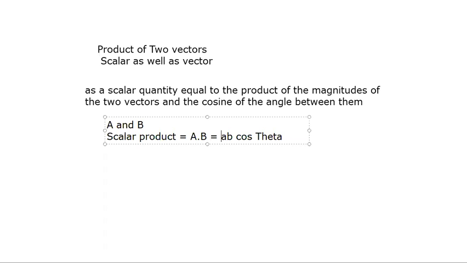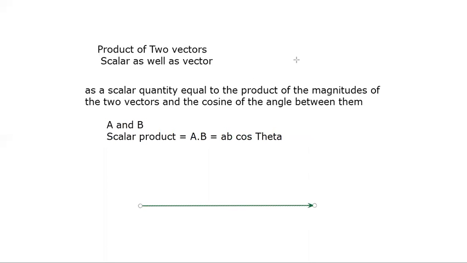What is actually the meaning of this? What is the physical significance of this scalar product? See, A dot B is equal to AB cos theta. Suppose, let me draw a vector, then you will be able to understand.